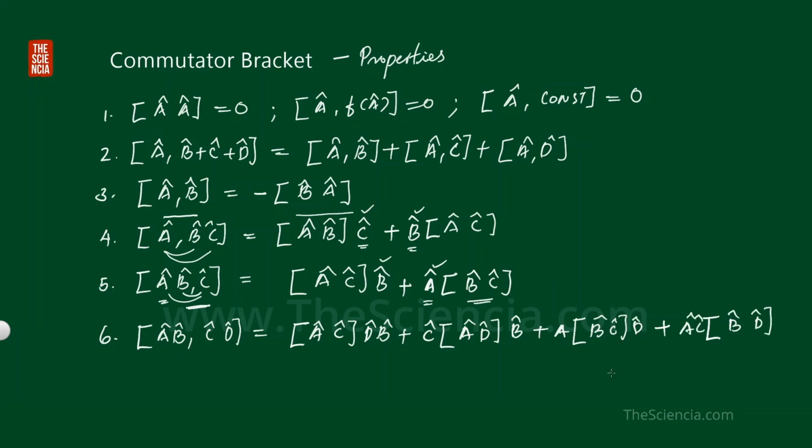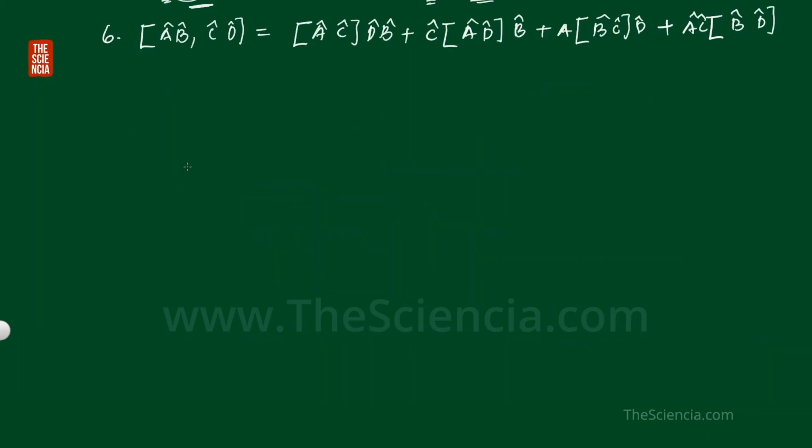Here also the order is very important. I will tell you some trick to remember this order. So the commutator bracket is AB, CD, right? Here the first combination of the bracket is A and C, right?